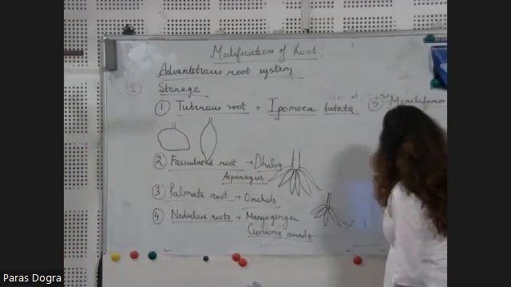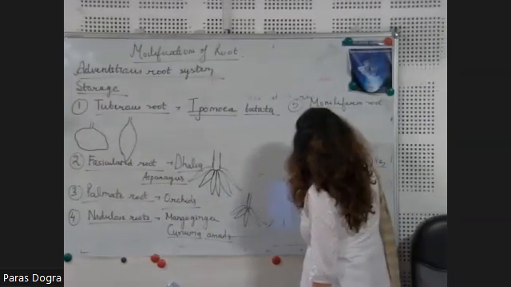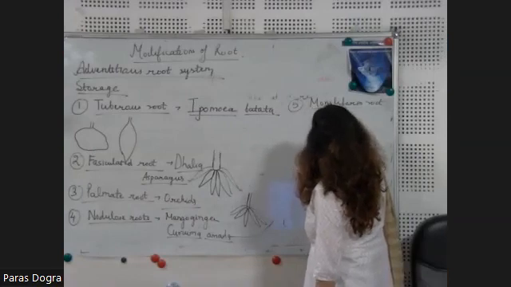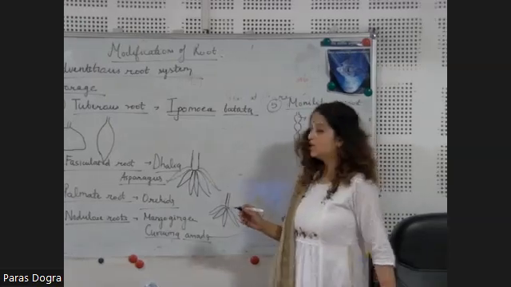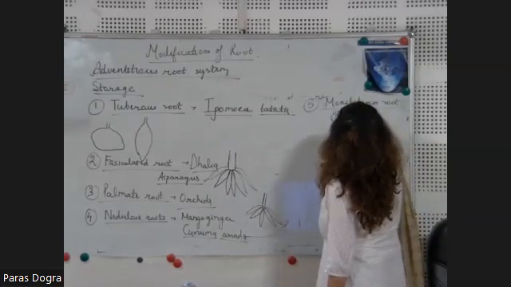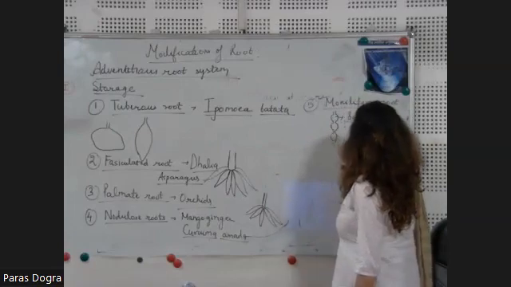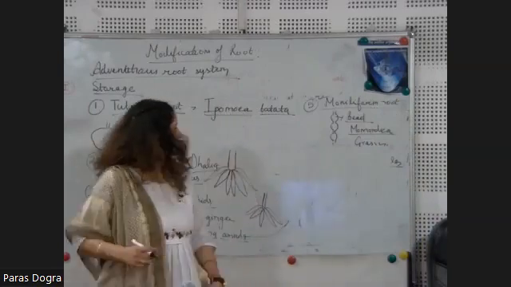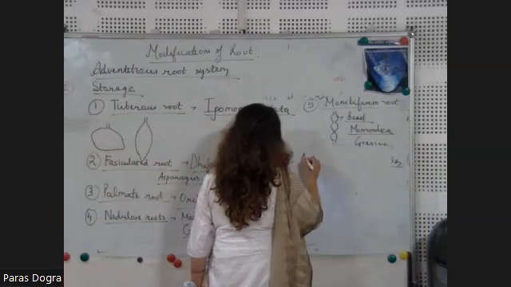Here, the root is alternately swollen and then constricted, alternately swollen, then constricted like this, and it gives a beaded appearance. So this is called moniliform root, and it is seen in Momordica, and also in some grasses. So this is another form.